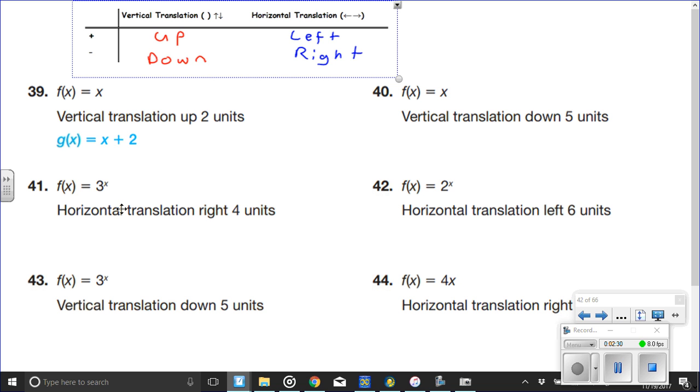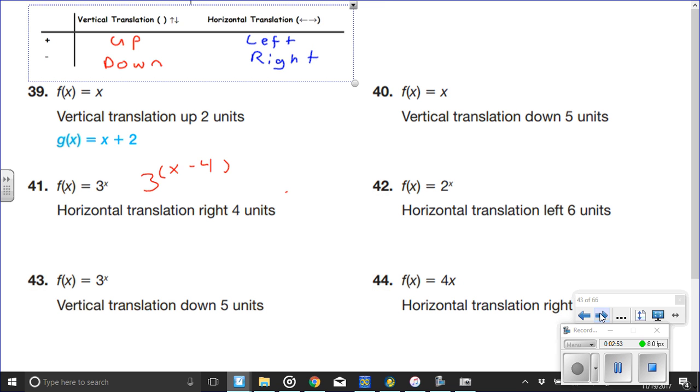And then we got horizontal. So horizontal meaning it's going to go left to right. Now, horizontal translation to the right meaning we're going to use the negative operation. So we're going to do a -4 and we're going to put it close to the x with the parentheses because it's horizontal. So that would look like this. So we have the -4 next to the x in parentheses up here with the exponent.